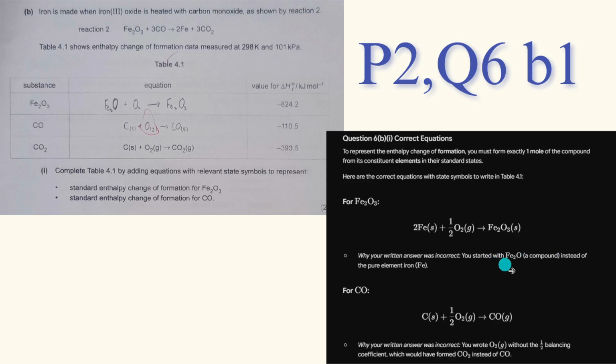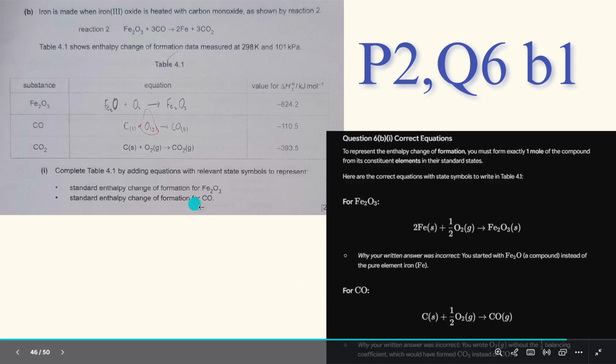You started with Fe2O3, iron oxide, a compound instead of the pure element iron. So for carbon monoxide, C plus half O2 gas, and then you get carbon monoxide.